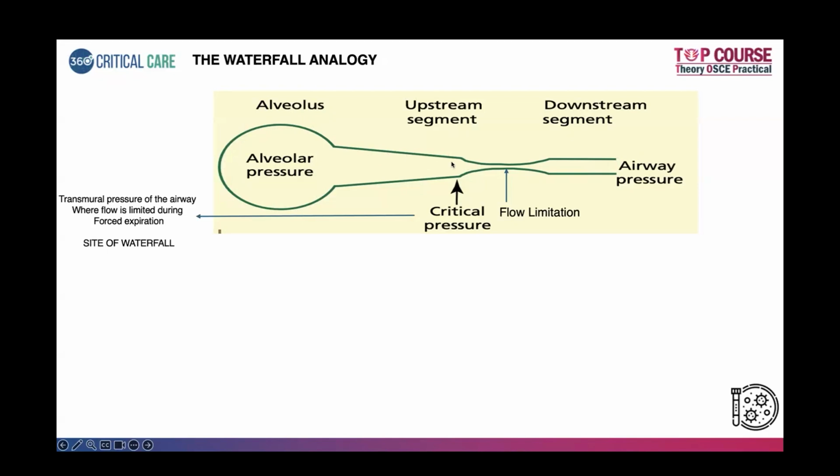The area where the alveoli get collapsed is the area of flow limitation, and the pressure which causes this flow limitation is called the critical pressure, which is the transmural pressure of the airway where flow is limited during forced expiration. So the important take home is where the upstream segment starts and where the downstream segment starts. The upstream segment starts at the level of the alveoli and the downstream segment starts at the proximal airway.